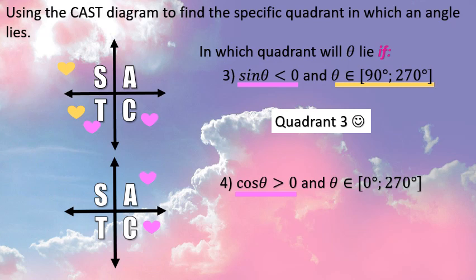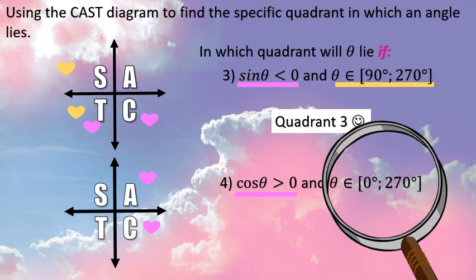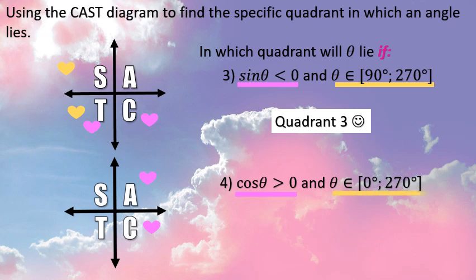Now let's look at our interval and let's think, where would theta lie if it was bigger than 0 degrees but smaller than 270 degrees? Quadrant 1, quadrant 2, or quadrant 3, right? So you guessed it, the angle would lie where the two hearts coincide, which is quadrant 1. I mean 1, quadrant 1. Why did I say 4? Sorry.